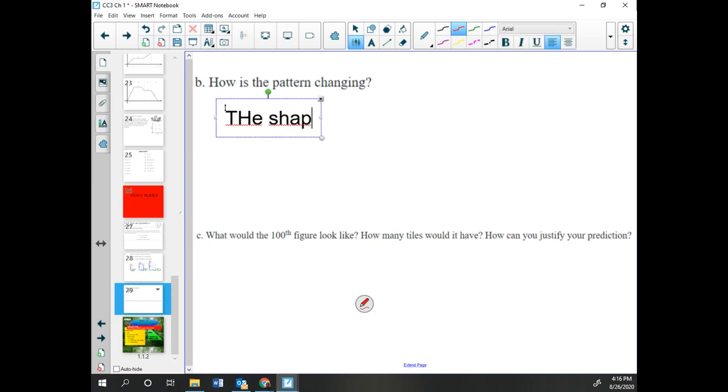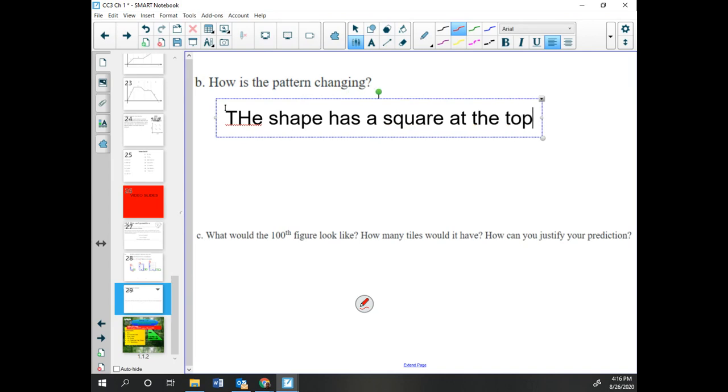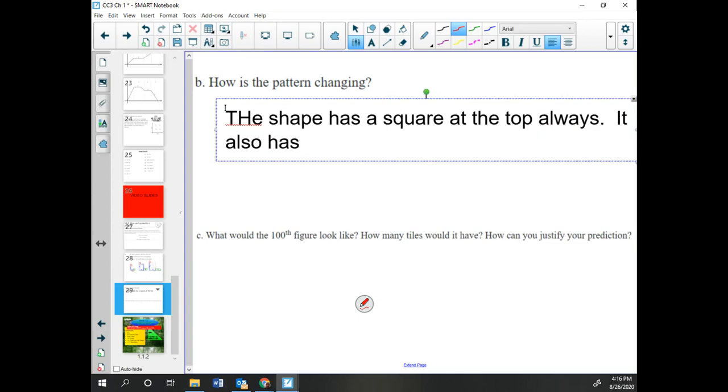The shape has a square at the top, always. It also has a rectangle that has a base. All right.